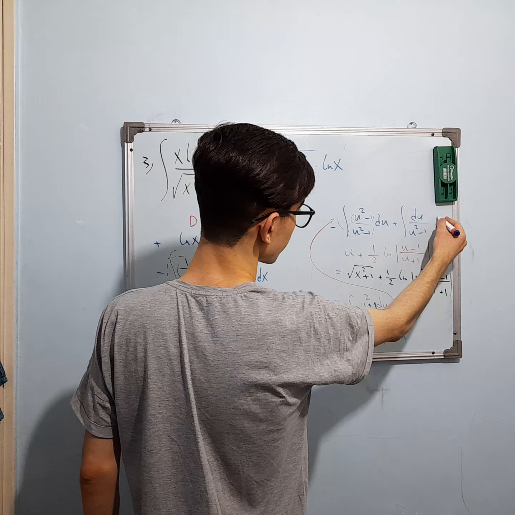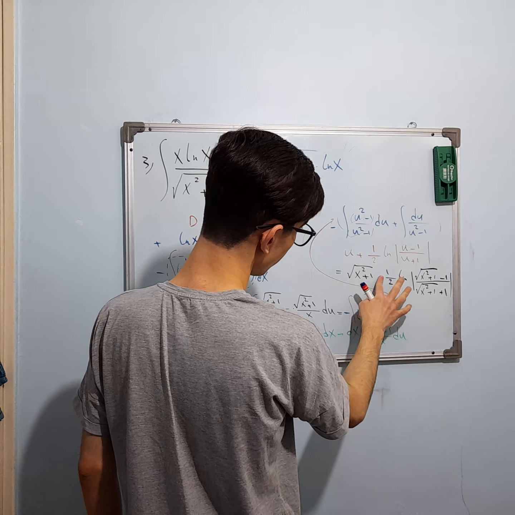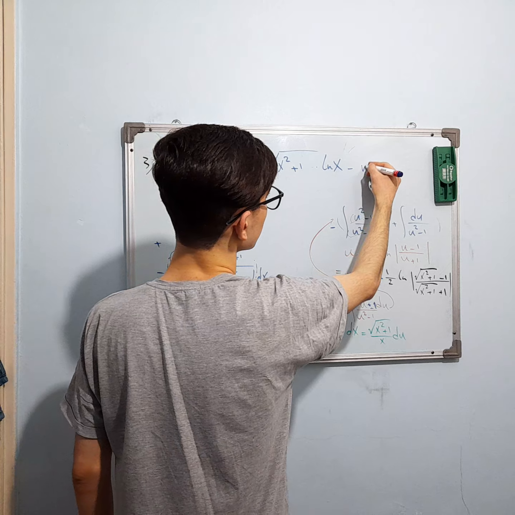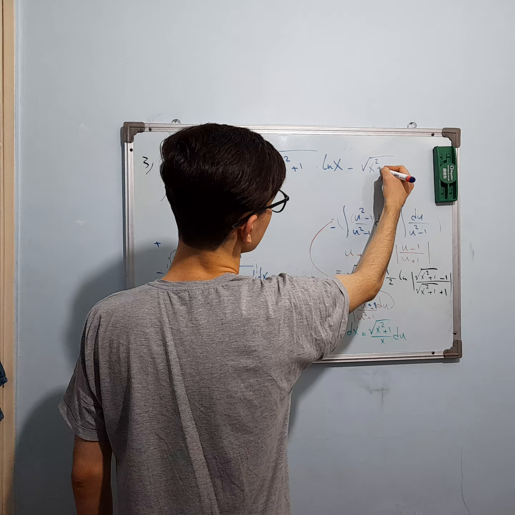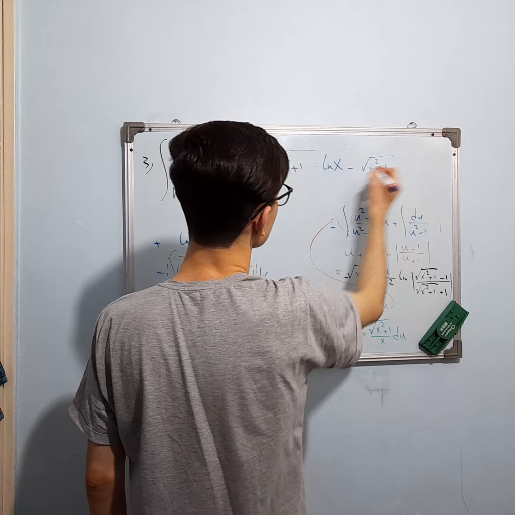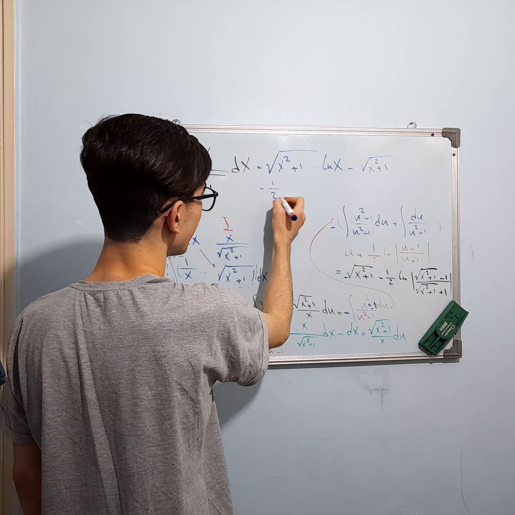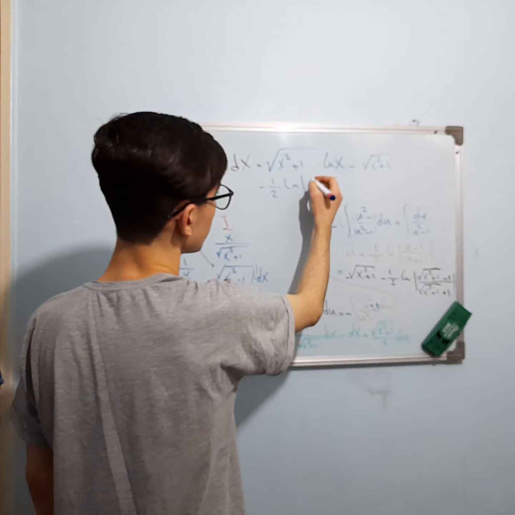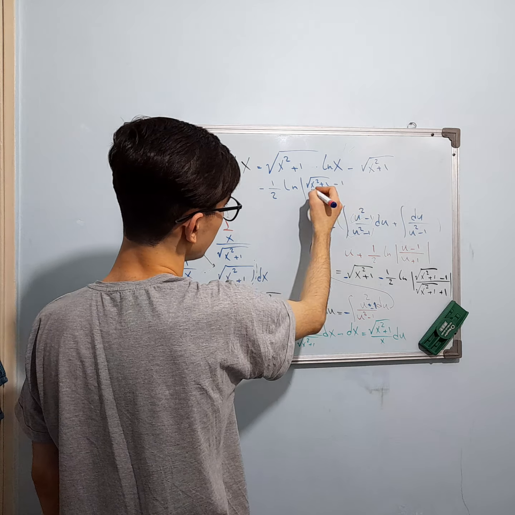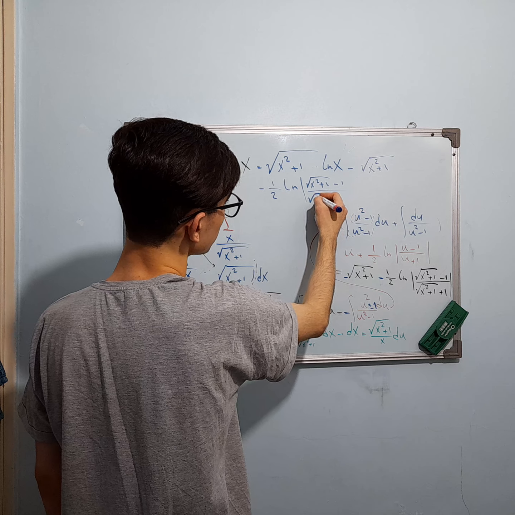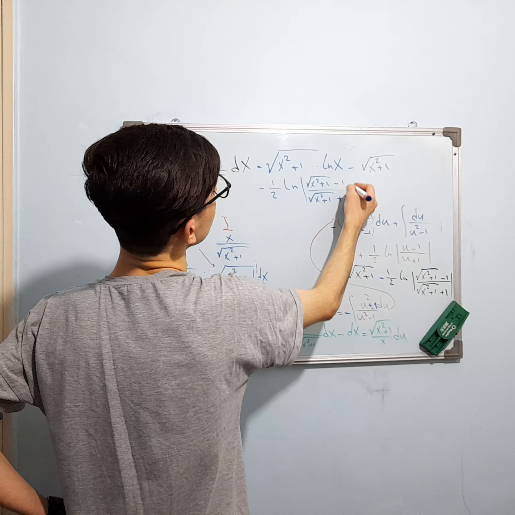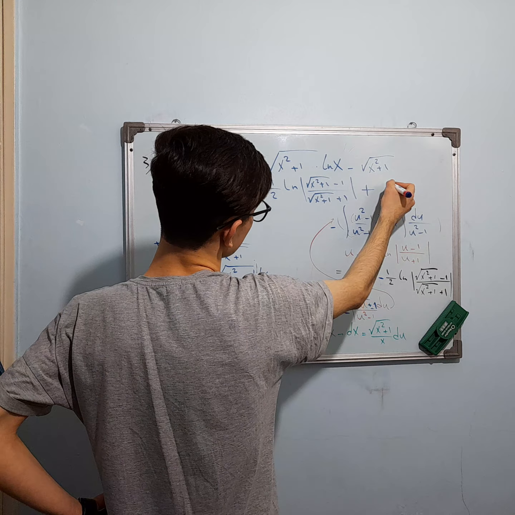So, negative square root of x squared plus 1, minus 1/2 natural logarithm of square root of x squared plus 1 minus 1 over square root of x squared plus 1 plus 1, and finally plus c.